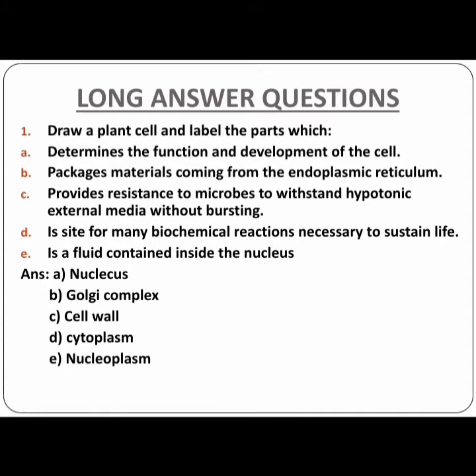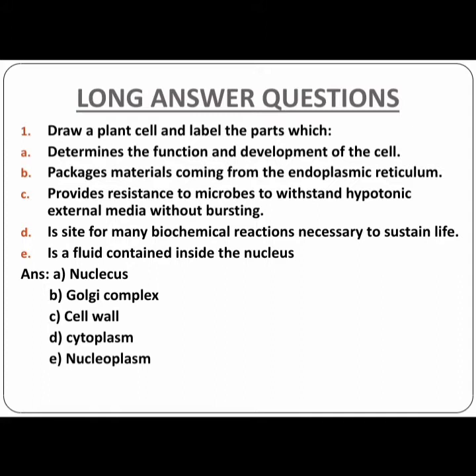The first sub question is: label the parts which determine the function and development of a cell. You should write the cell organelle which is responsible for these functions. When you are labeling, you should know each and every organelle and what its function is, so that it will be easy to solve these sub questions.